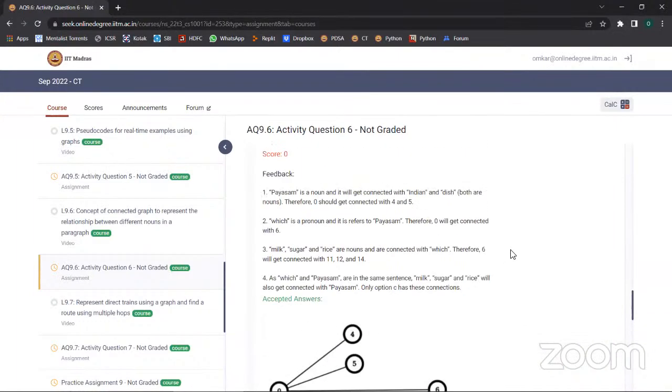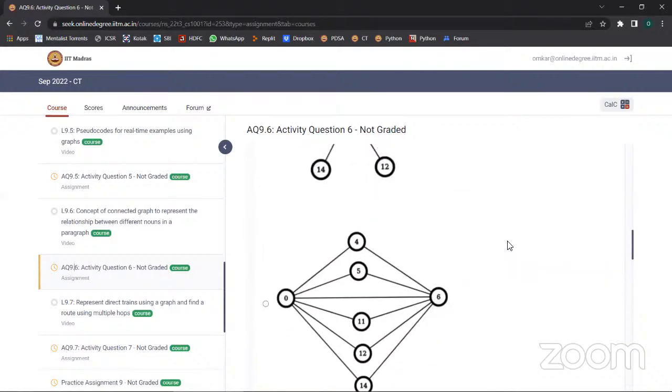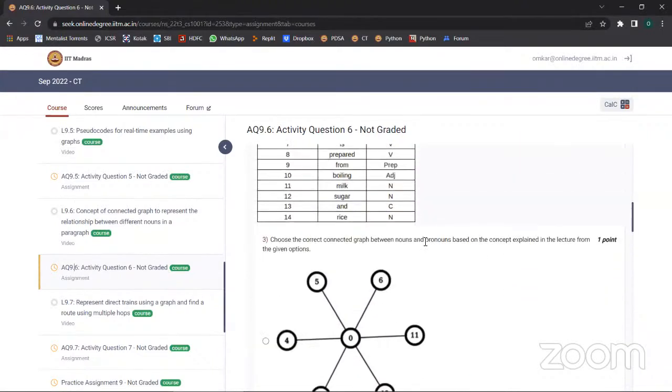Okay, have you watched that particular lecture where we tried to map nouns with pronouns? Yes, I did. In general, with respect to the English language, every pronoun refers to some noun, right? That's the standard thing. That's the point we were discussing in one of the lectures.